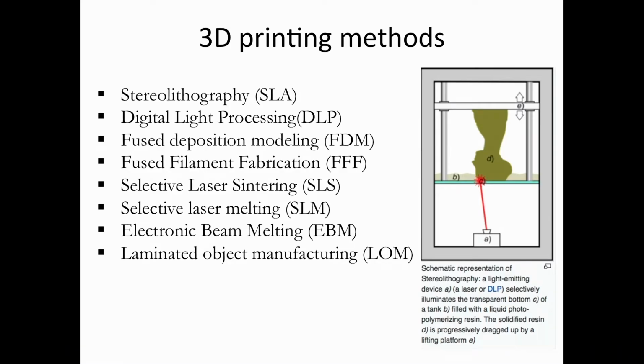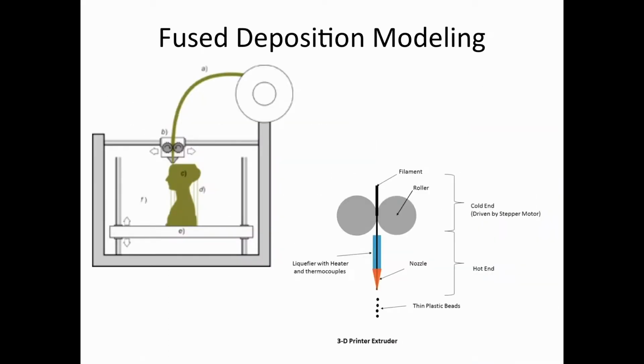The most famous method to print a 3D object in a commercial fashion is fused deposition modeling or fused filament fabrication. And this is the method of the 3D printer for hobby.